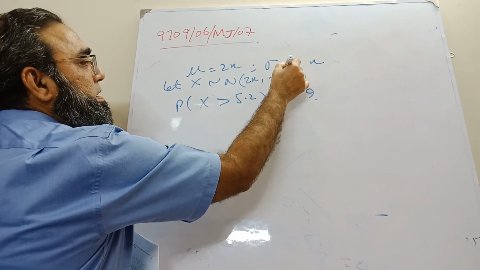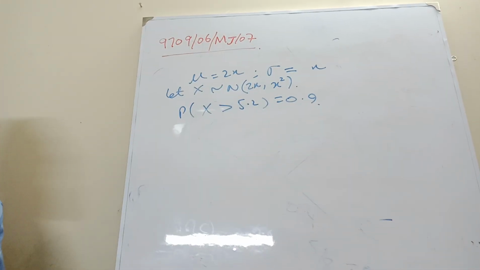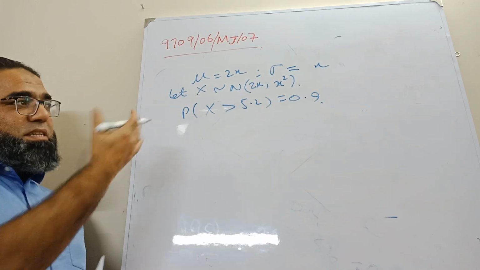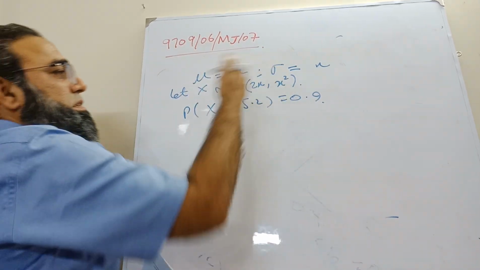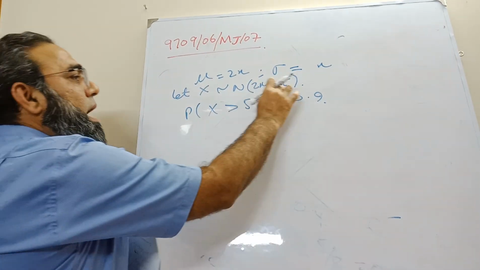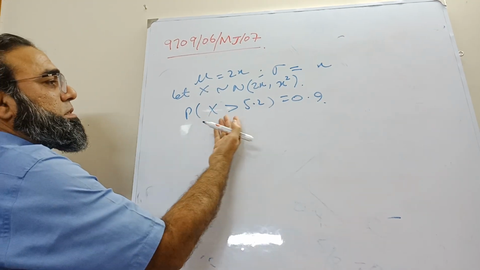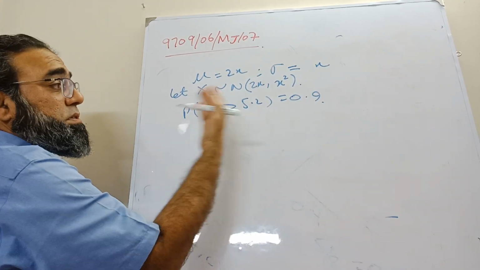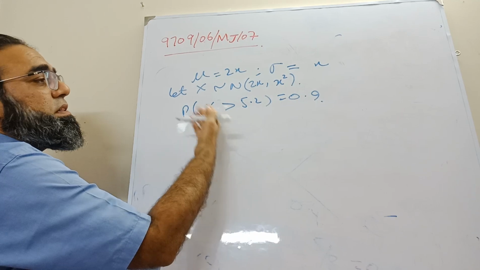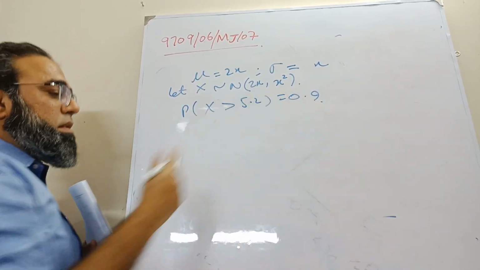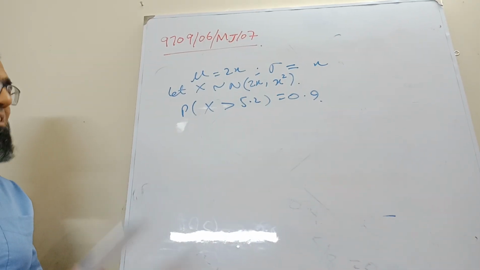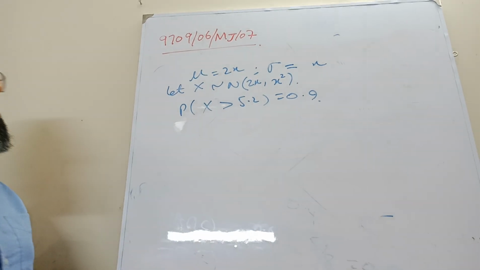Remember, we write here the variance, so I'm writing it as x squared. Okay, I hope you can see this. This is 2x, this is x squared, the mean and this is the variance. He's asking us to find, like he's given us the probability that x is more than 5.2, and that is 0.9, and we have to find the standard deviation. So basically we will find our x.